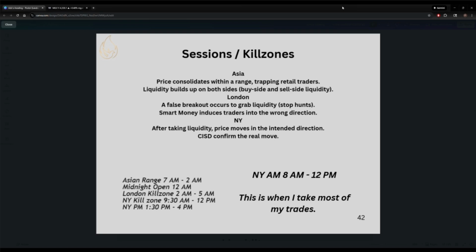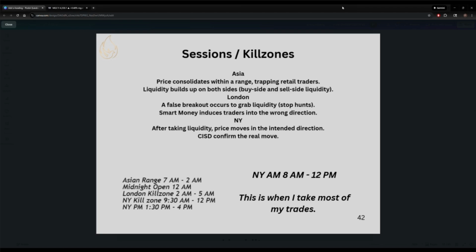Sessions and kill zones. Asia session: price consolidates within a range, trapping retail traders. Liquidity builds up on both sides, buy side and sell side. London: a false breakout occurs to grab liquidity. Stop hunts at the highs and lows, and then smart money induces traders into the wrong direction.